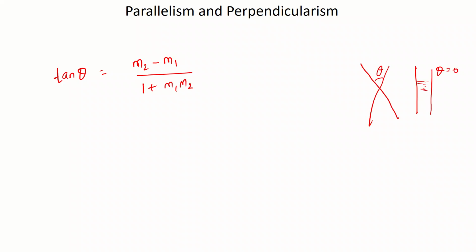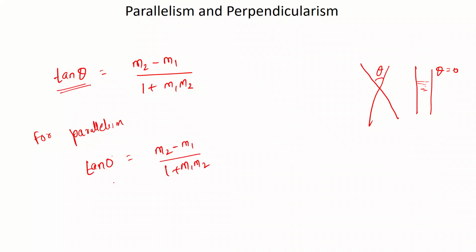So for parallelism, I want this theta to be equal to 0. So what I get, tan 0 degrees is equal to (m2 − m1) by (1 + m1 m2). Tan 0 is 0, so I get 0 is equal to (m2 − m1) by (1 + m1 m2).